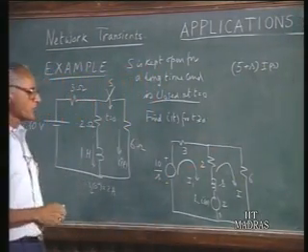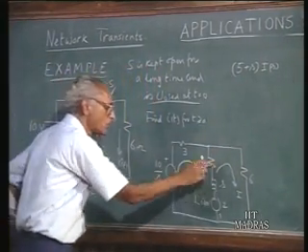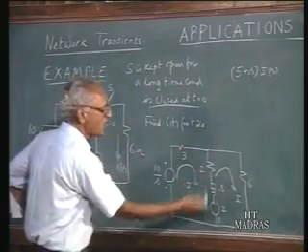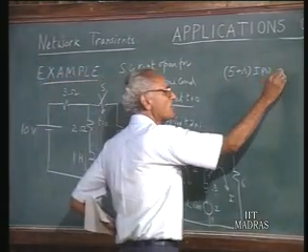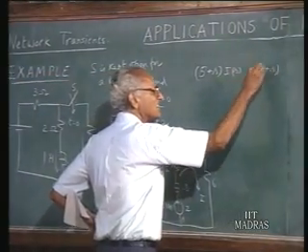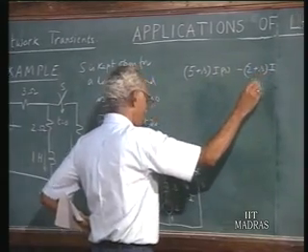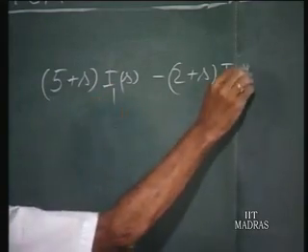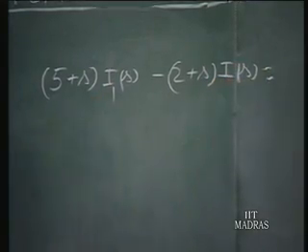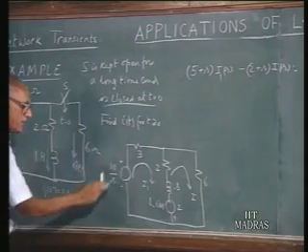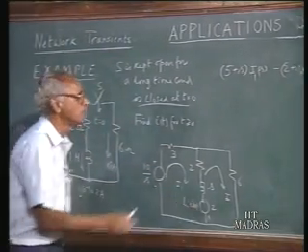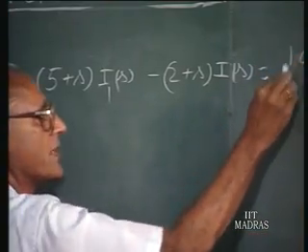The mutual impedance between loops 1 and 2 is 2 plus S, and the two currents are oppositely directed in this, so minus (2 plus S) times I(S), equals the total driving voltage in the first loop in the direction of I1, which is 10 over S plus 2.